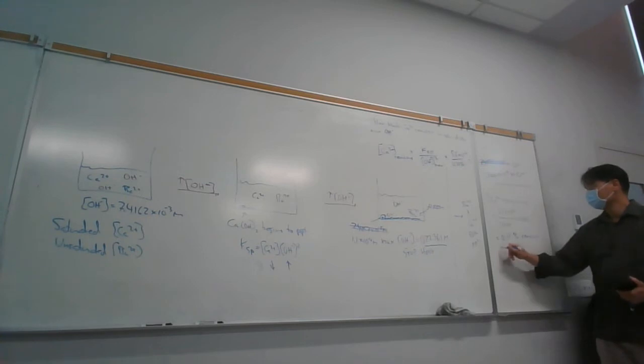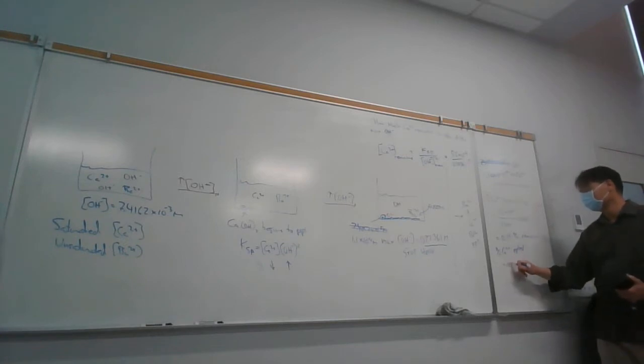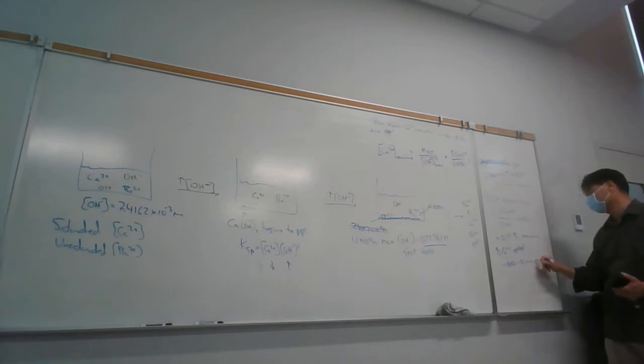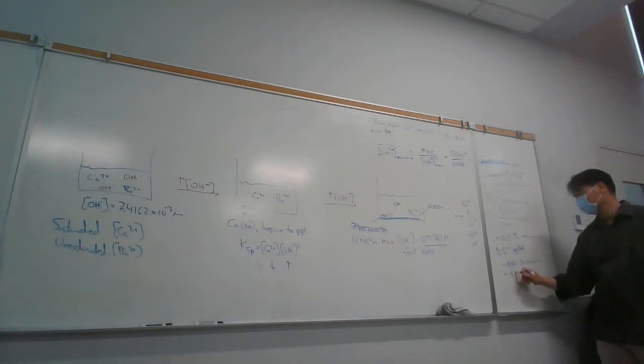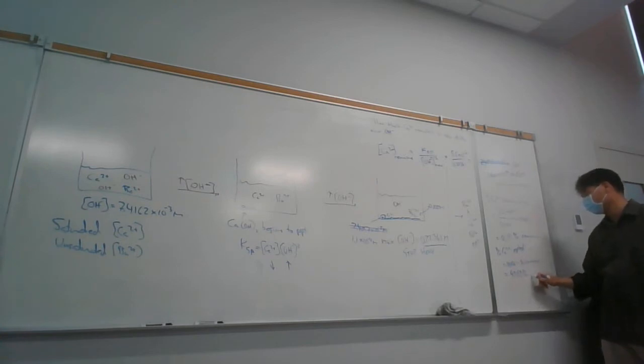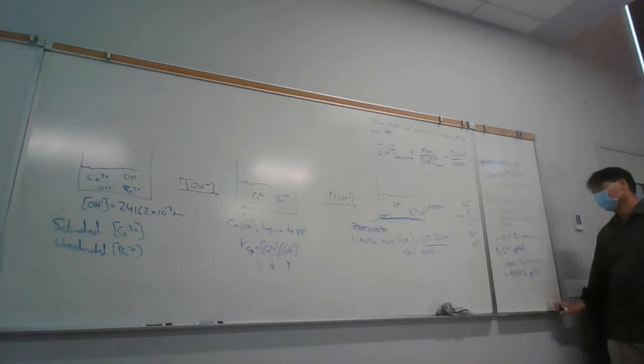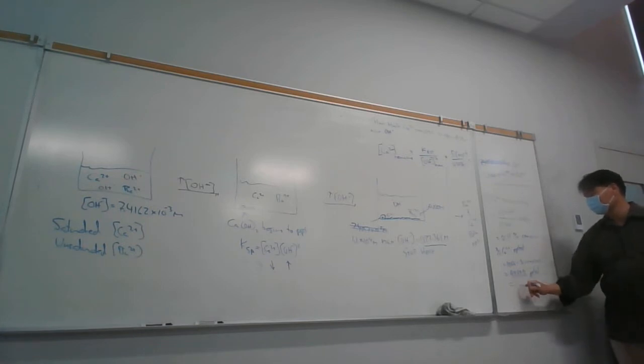Well, the percent precipitation, so percent calcium precipitated, is equal to 100% minus the percent remaining, which is 99.89% precipitated. So we're really only allowed 2 sig figs, but we need to carry extra digits here.